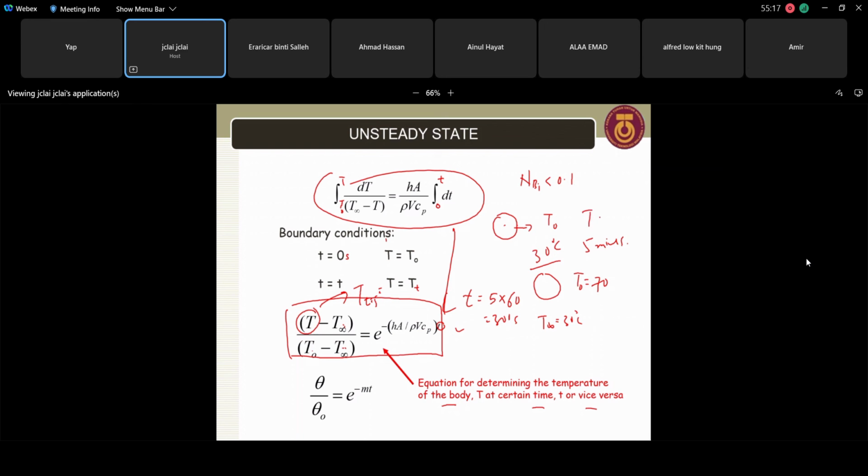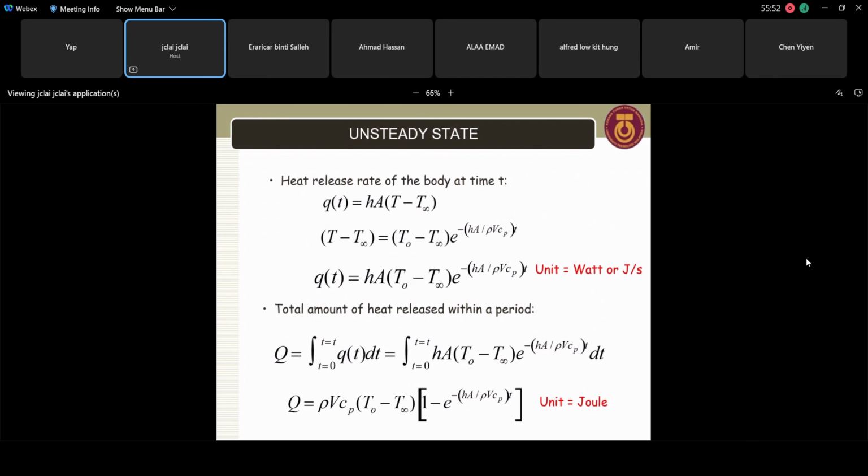Then you know your T is 30, right? So you substitute 30, then you know the T infinity, you have the T initial, you have the h, you have the surface area, then you have the density, V is volume, Cp is heat capacity. You want to know the time, then you can determine the time needed to cool this copper ball from 70 degrees Celsius to 30 degrees Celsius. Okay, so vice versa. Then what if you want to know how much heat can be released, right?